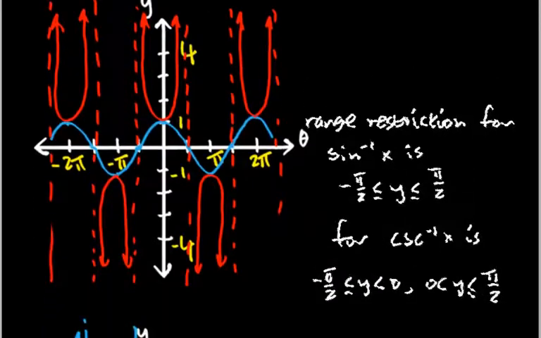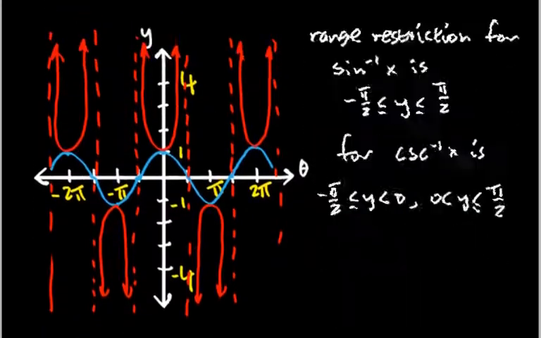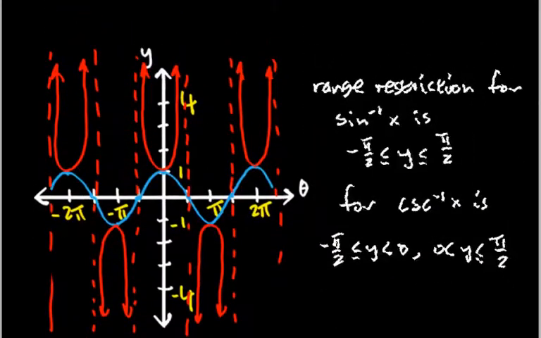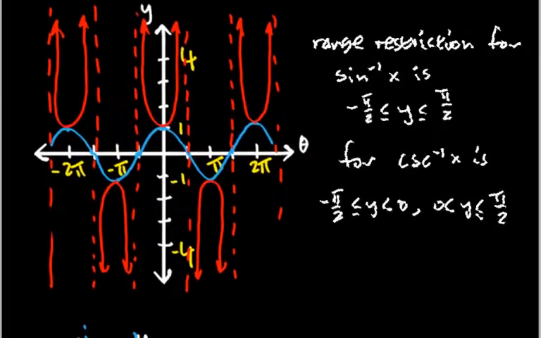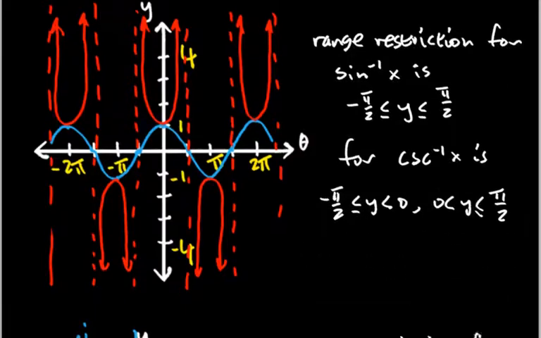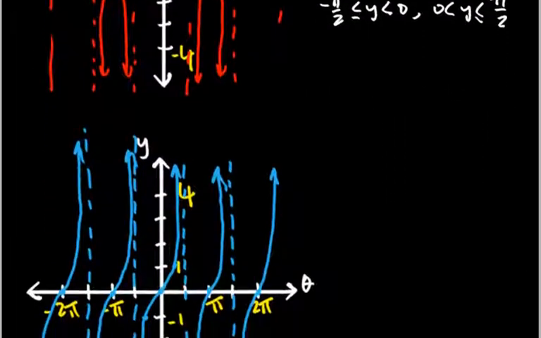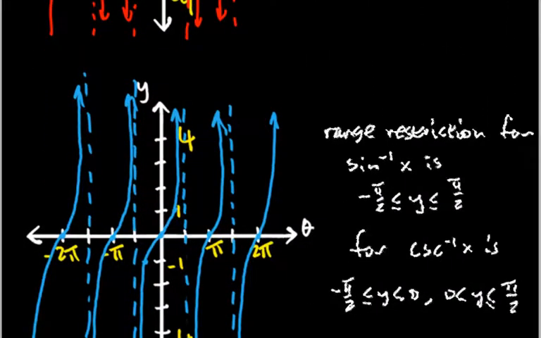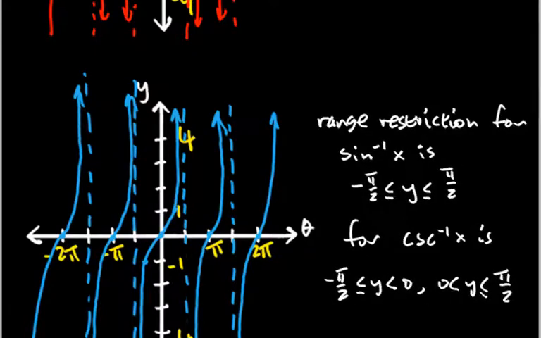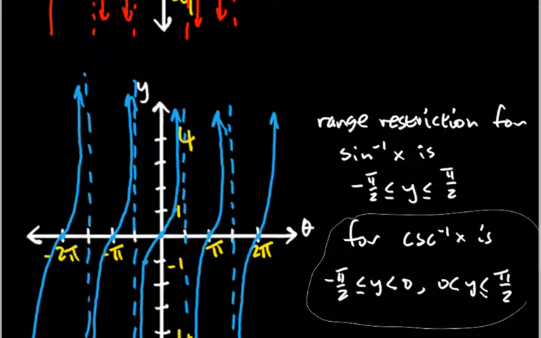Okay, stop moving. Okay, there it is. And then we're just going to do the same exact thing, except we're going to do it for the other trig graphs, or inverse trig graphs, I guess.